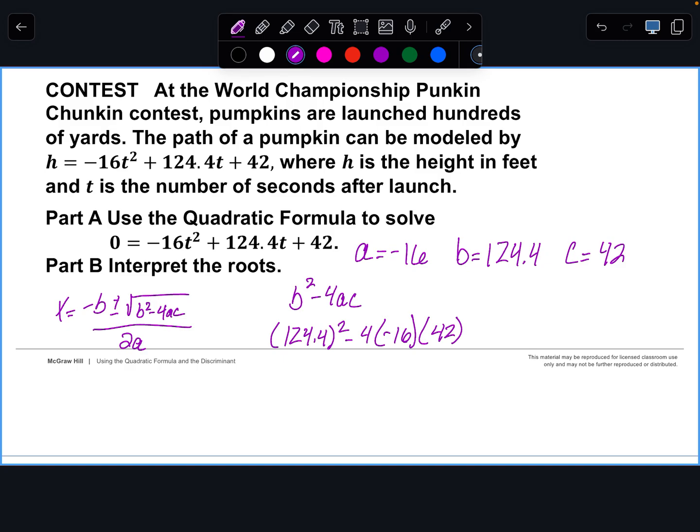Okay, so what would that value be? Go ahead and put those in your calculators. Now, notice the way I've written that.